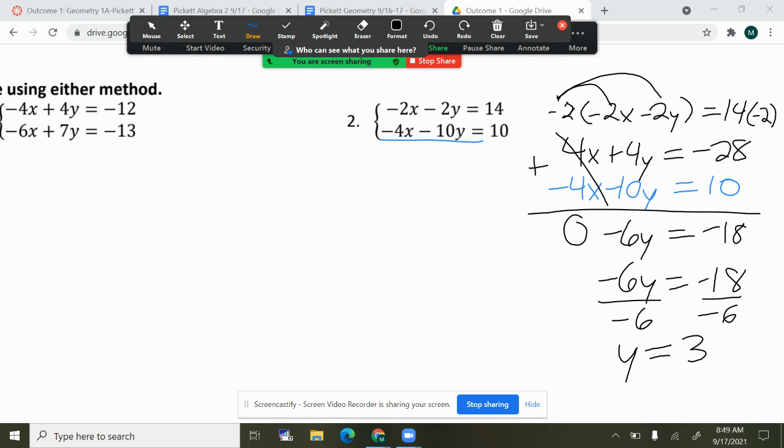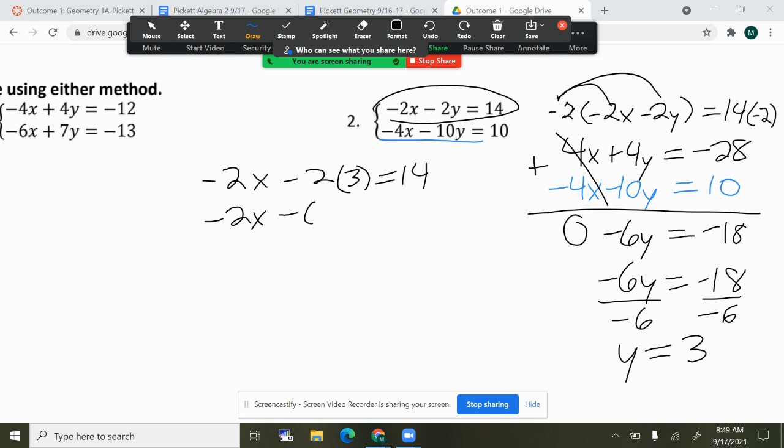All right, now that we found y, we're going to find x. So we need to do that by plugging it back into one of these equations. I like smaller numbers, so I'm going to choose the first one, but you could choose either. So I'll have negative 2x minus 2, then instead of y, I'm going to put 3, because we know y is 3, is equal to 14. So negative 2x, negative 2 times 3 is negative 6, is equal to 14.